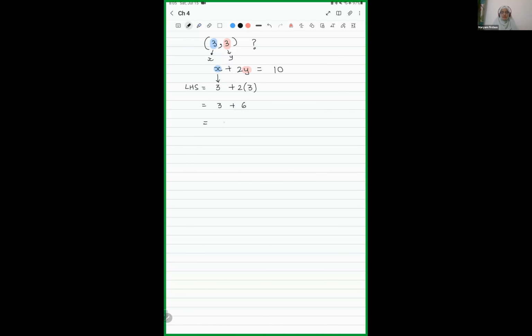And what is 3 plus 6? 9. Is this equal to RHS? Is this equal to 10? No, it's not equal to 10. So LHS is not equal to RHS. That means (3, 3) is not a solution of the equation.